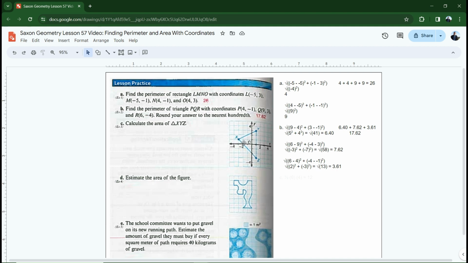To find the area of a triangle, I need the base times the altitude times 1/2. Now we have to remember what that means. You can choose any side to be your base, but whatever side you choose, you need an altitude that's perpendicular to that side. Now that can be really hard. If I chose XZ to be my base, I'd have to figure out an altitude perpendicular to XZ.